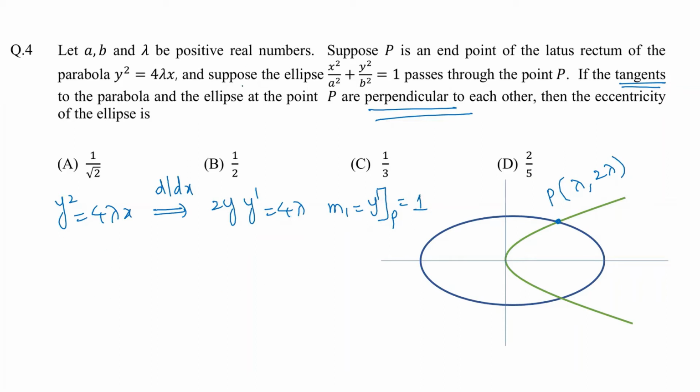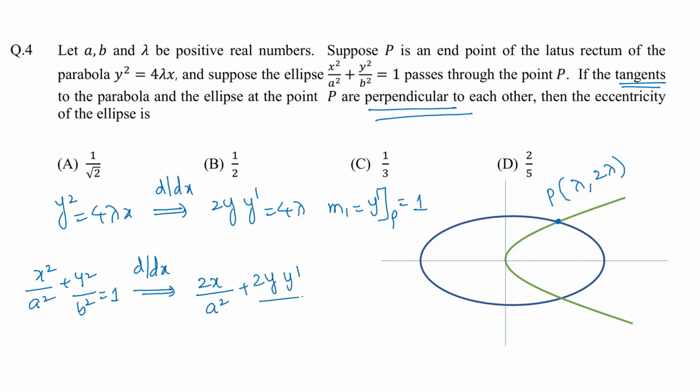Repeat the same thing with the ellipse also. So we have x square upon a square plus y square upon b square equal to 1. For this one, we go for the differentiation, because we need the slope of the tangent, since they told you they are perpendicular. The differentiation of x square upon a square is 2x upon a square, and the differentiation of y square upon b square is 2y y dash upon b square, and that is equal to 0.